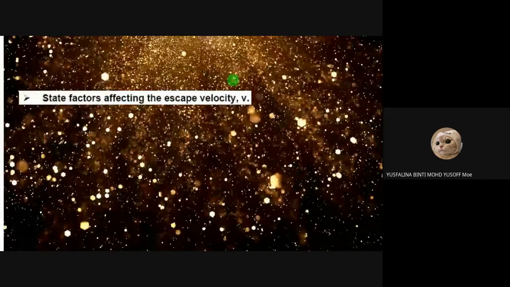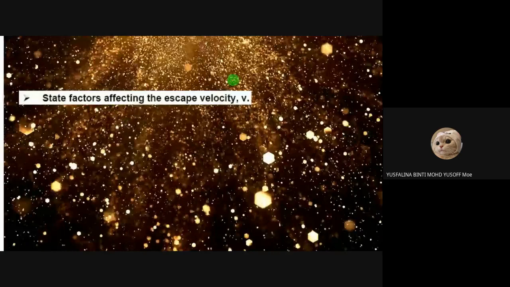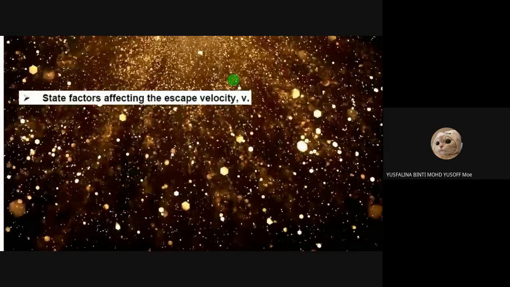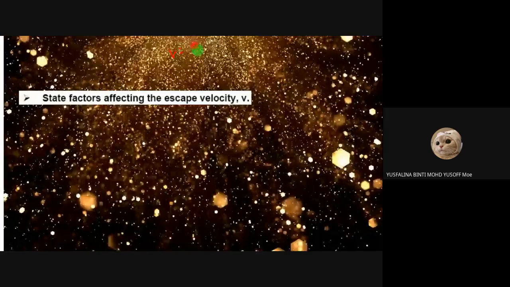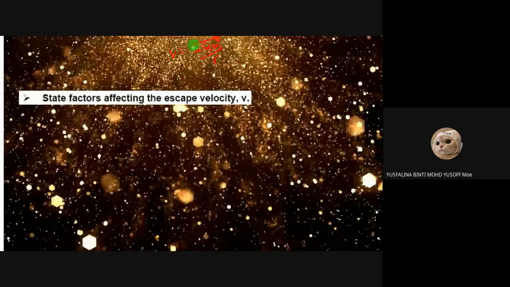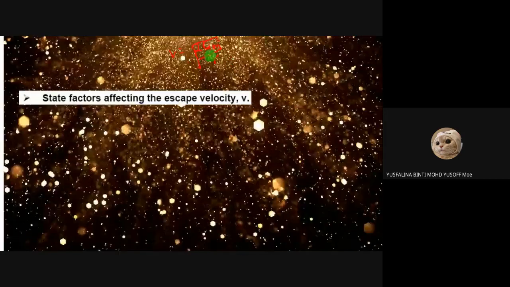Okay, so the next one, you have to state the factors affecting the escape velocity v. Again, I already said for the factors affecting, you have to refer back to the formula here, 2GM over r. Basically G is a constant value, right?